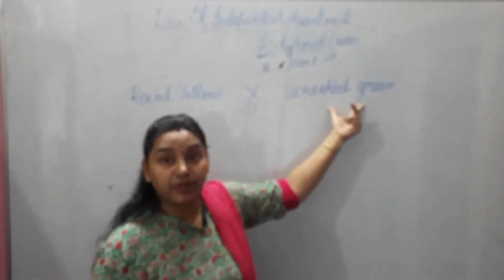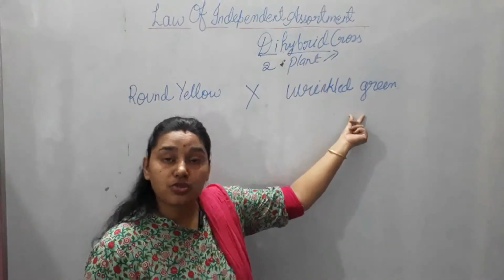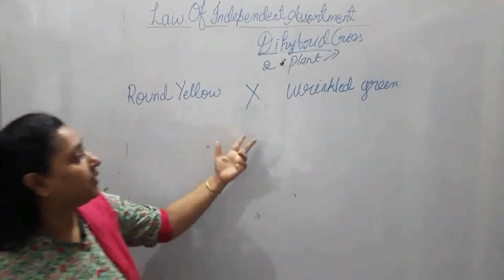So this is called a dihybrid cross, where two different traits are fused in one single plant and then they are crossed. Let us make the gametes of them first.